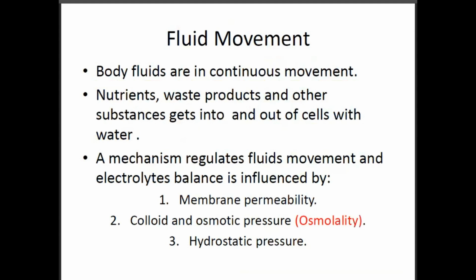There are different mechanisms, but the most important are: one, membrane permeability; two, colloid osmotic pressure; three, hydrostatic pressure. Membrane permeability is the lipophilic, hydrophobic, hydrophilic qualities of the membrane, and you need to know a little bit about all of that. What is colloid osmotic pressure?